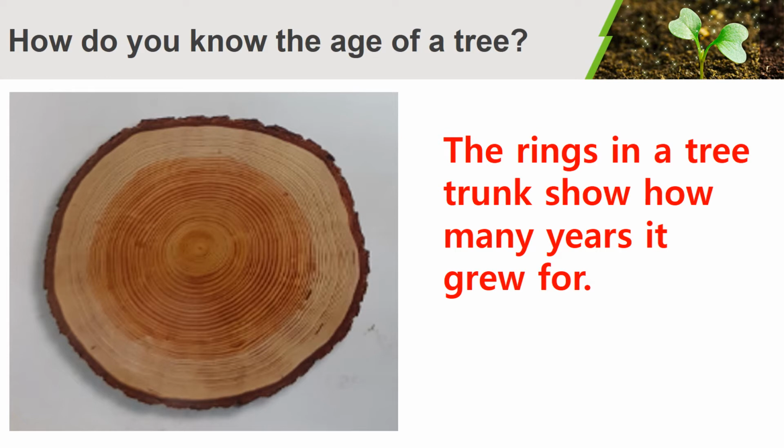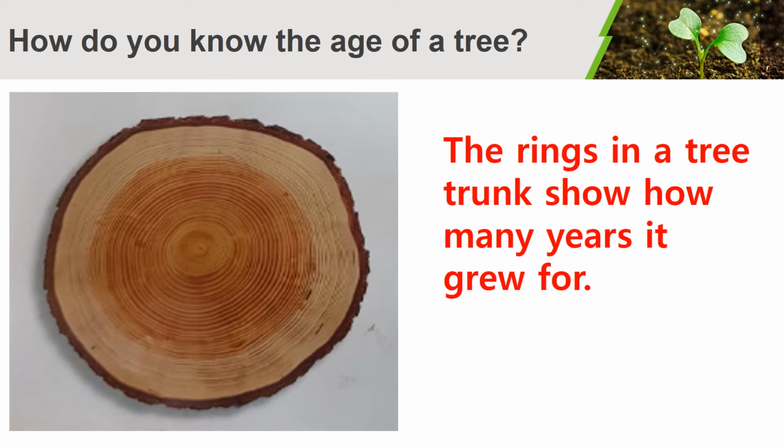How do scientists calculate the age of a tree? The most popular method of determining the age of a tree is counting the rings formed inside the trunk of the tree. What are tree rings?